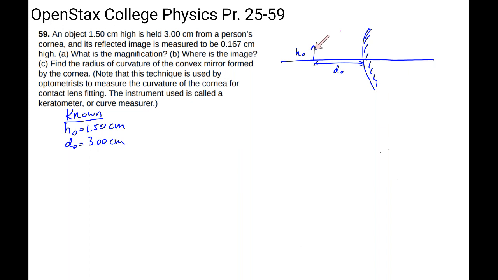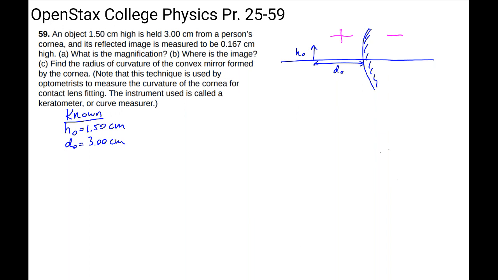So this is the object with a certain height, and the object distance is the distance from the object to the mirror. Let's remember also that the distances in front of a mirror are positive, the distances behind the mirror are negative. And we will need to think about this the entire time for the problem.